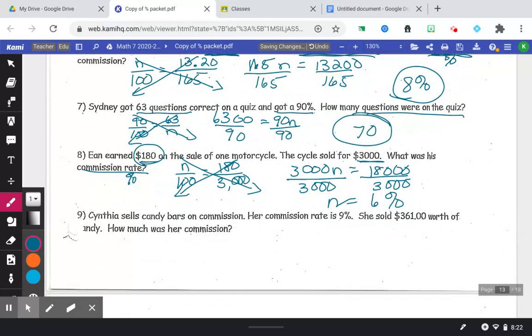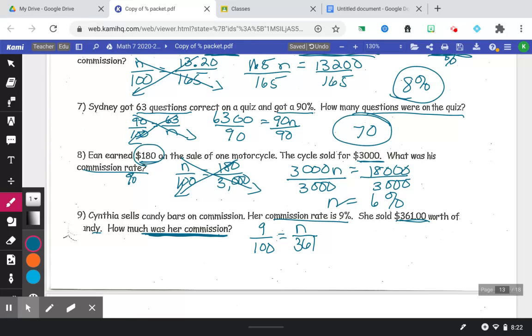All right, last one. Cynthia sells candy bars on commission. Her commission rate is 9%. She sold $361 worth of candy. How much was her commission? Okay, so we know our percentage. Now we're looking for her commission, so we're looking for the part that she earns. And right here, 361 is the total sales that she did.